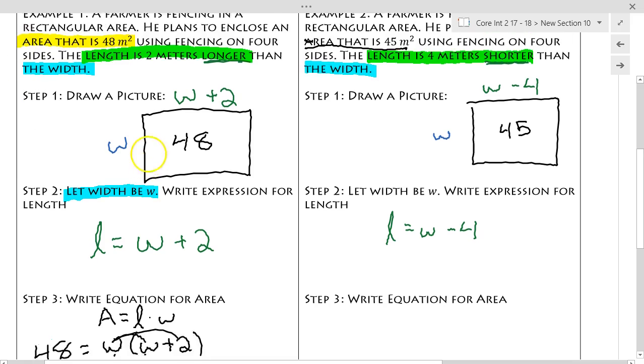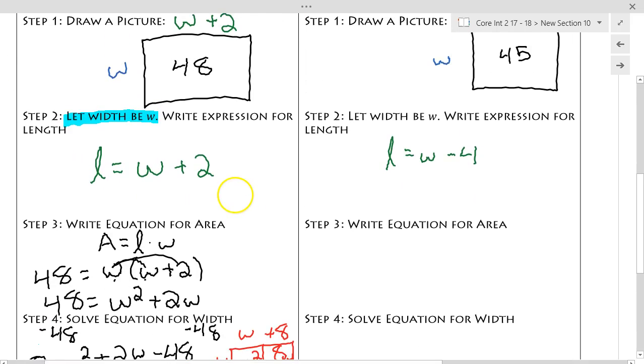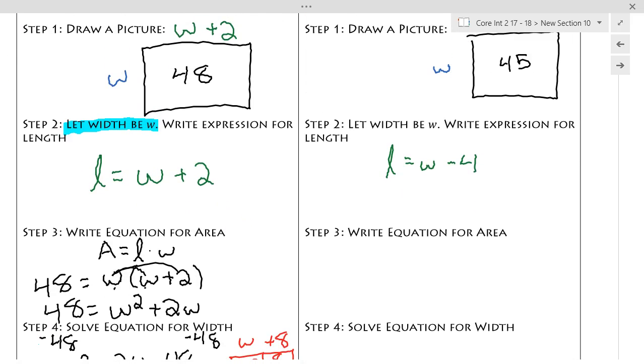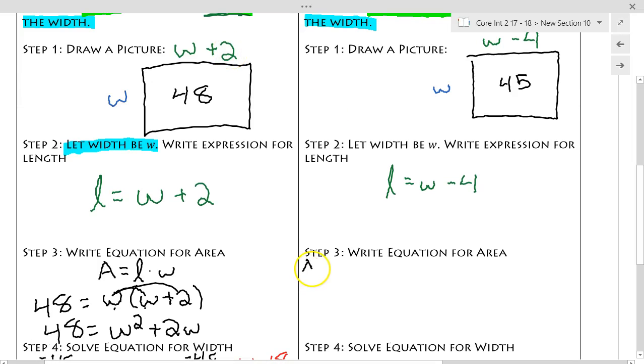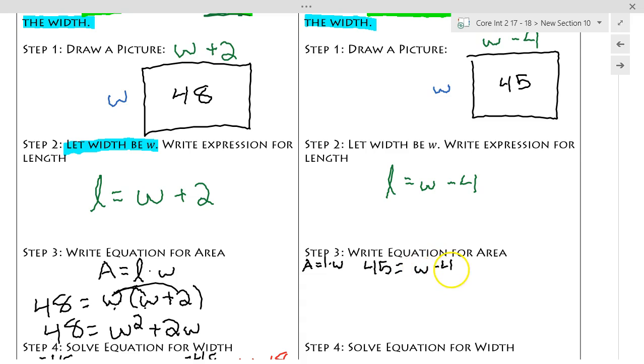Step 3, write the equation for the area. Again, I'm going to use this picture. And the area equals length times width. So my area is 45 equals W minus 4 times W. I'm still distributing that in.